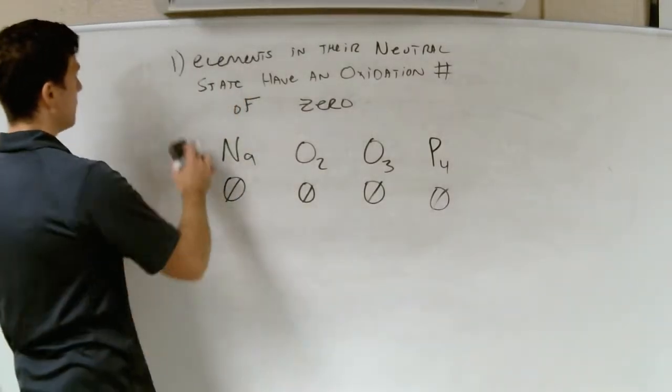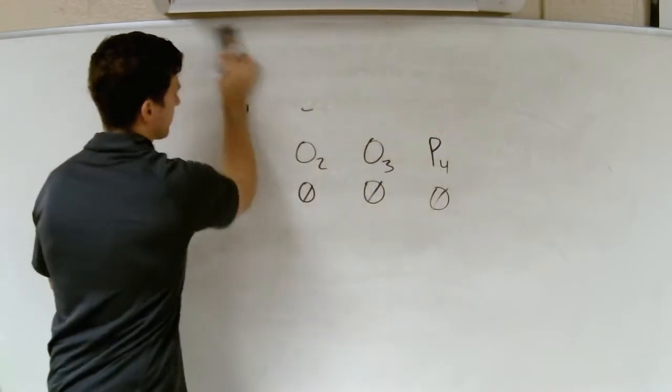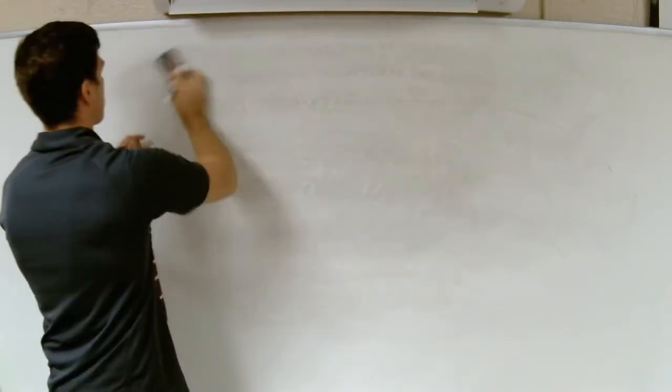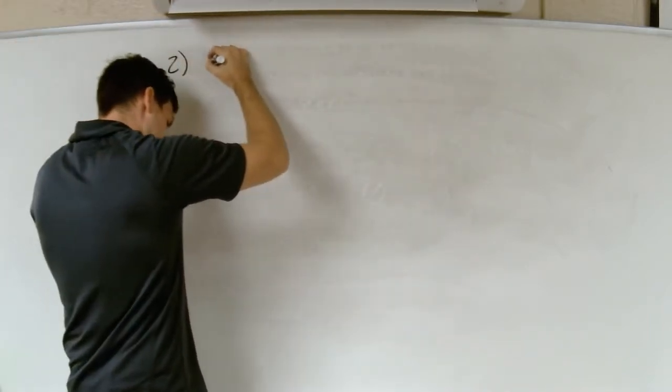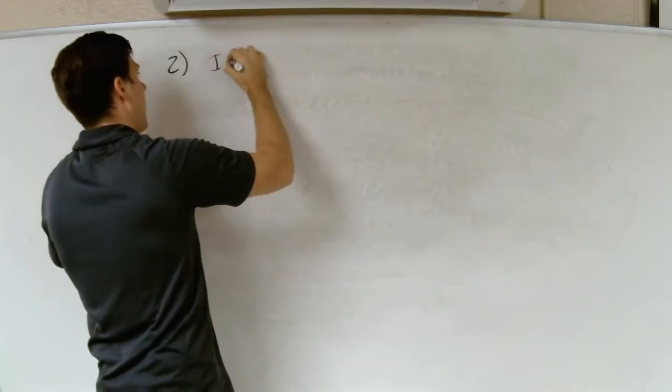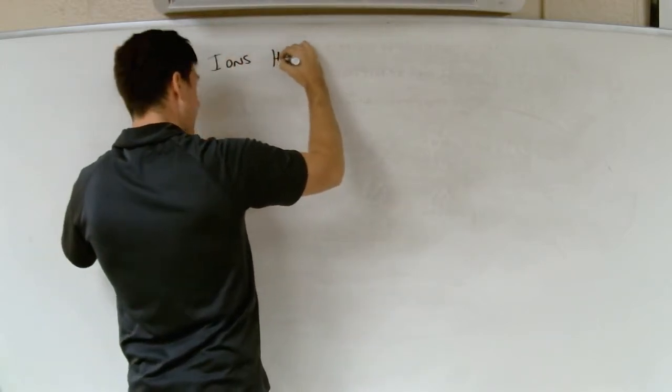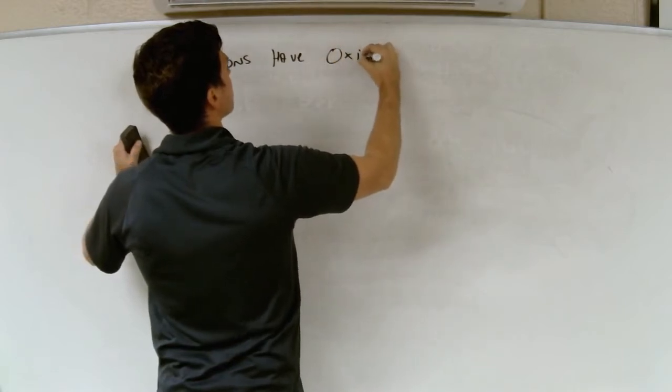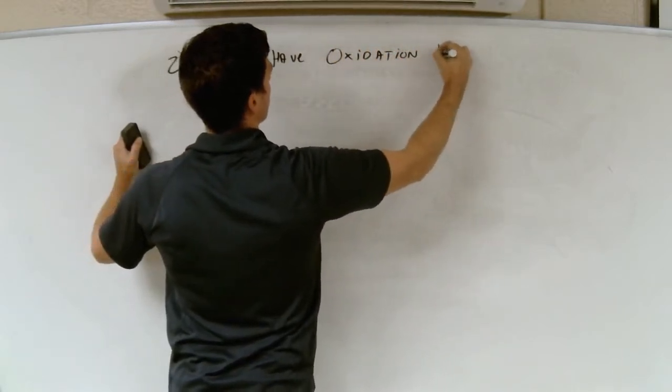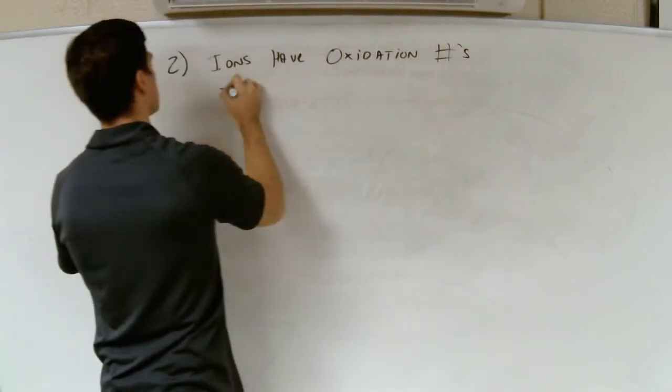Rule number 2. Ions have oxidation numbers equal to their charge.